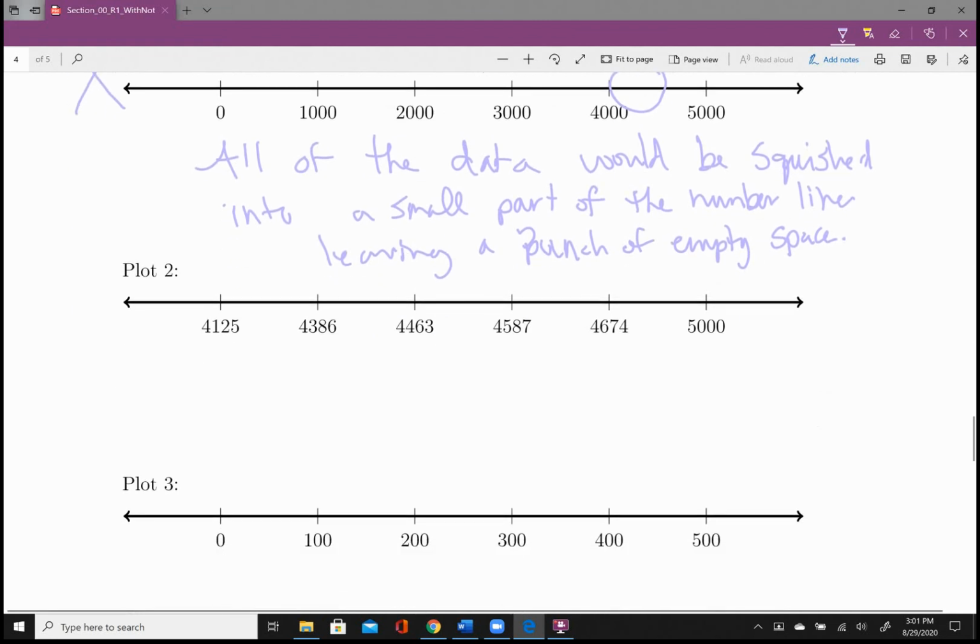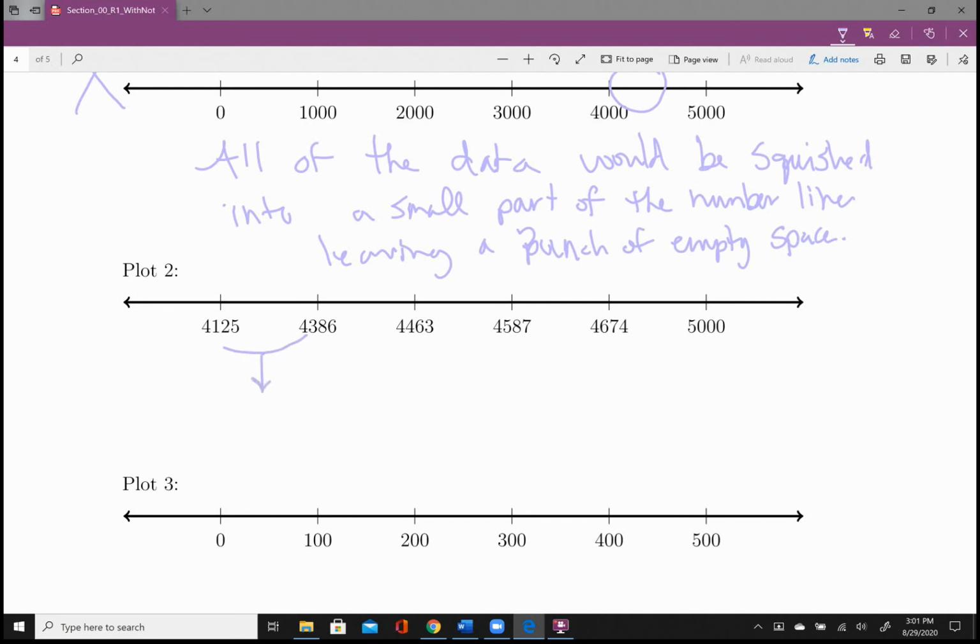Plot 2. Okay, 4125, 4386, all the way up to 5,000. Okay, so it seems like the range of values might be okay, but have you noticed that there's some really weird numbers on these tick marks? I wonder if the tick marks are having the same difference between them.